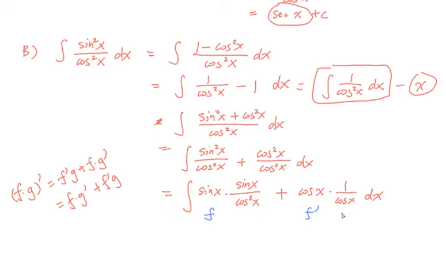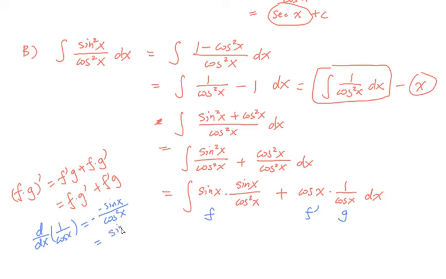What about the cosine x? If we call 1 over cosine x g, and we try to differentiate it, what are you going to get? The derivative of 1 over cosine x is going to be 1 over cosine square x, and then you take the derivative of cosine, which is minus sine, but since your cosine is in the denominator, that's going to give you another minus sign.